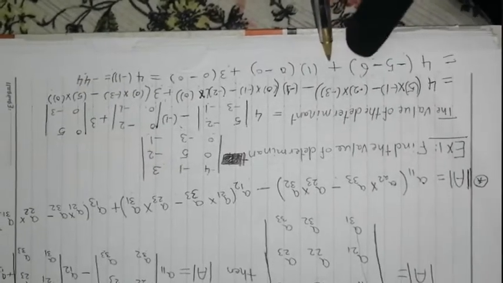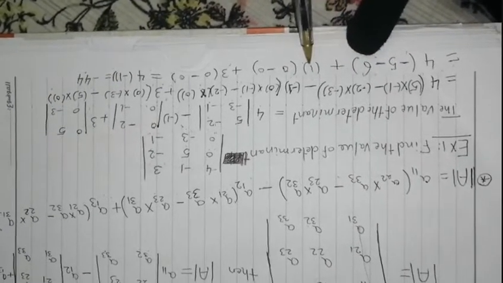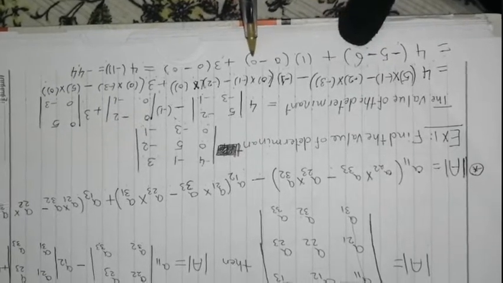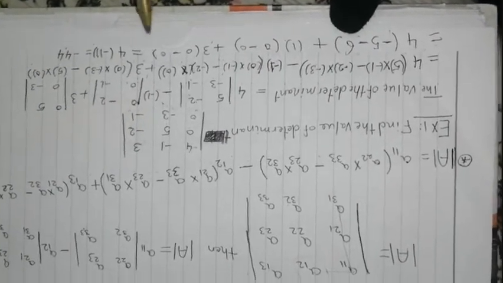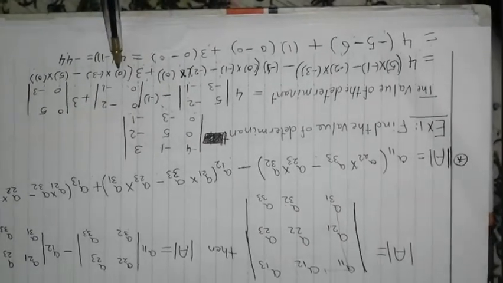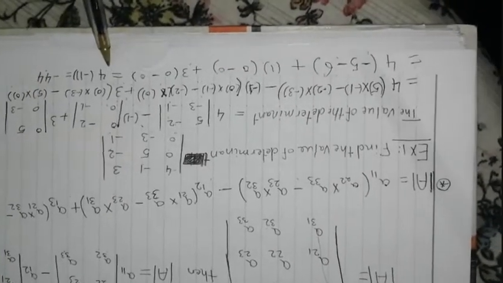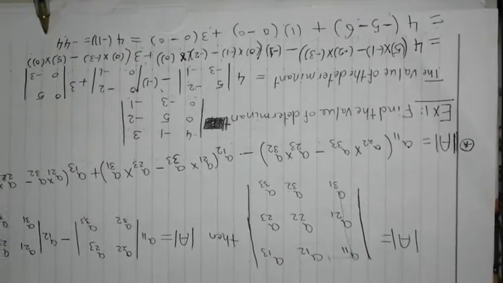Plus, negative times negative gives positive, 1 times 0 minus 0, because 0 times any number equals 0, plus 3 times 0 minus 0. What is the answer? 4 times -11 equals -44.